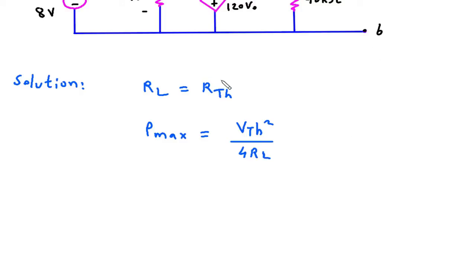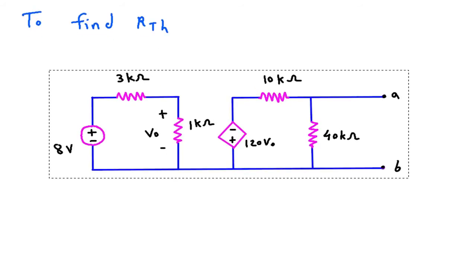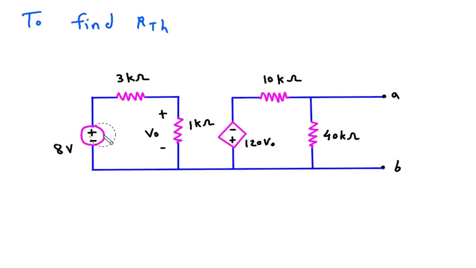So we have to find the value of RTH. To find RTH, we will turn off all the independent sources. This is a voltage source, so this will be short circuited. Also we can see that this is a dependent source, so we will consider a 1 ampere current source here to find the value of RTH.